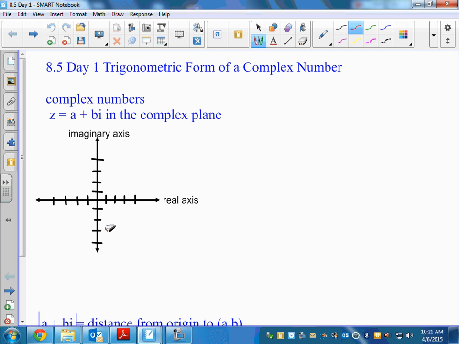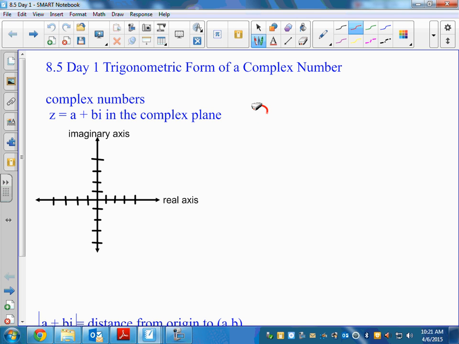Okay, complex numbers are numbers written in the form a plus bi, where a is the real part and bi is the imaginary part. So, what are we going to do? We're going to talk about graphing these complex numbers, not on the xy plane, but if we call this axis the real axis, and this axis the imaginary axis, we could graph any complex number.